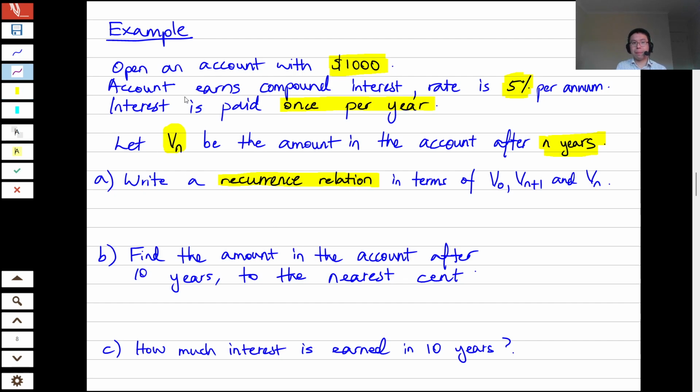So here we go. V0 is going to be the amount in the account before any interest is earned, and that number is 1,000. Sometimes there is a 1-mark question on the Year 12 exam just for that.